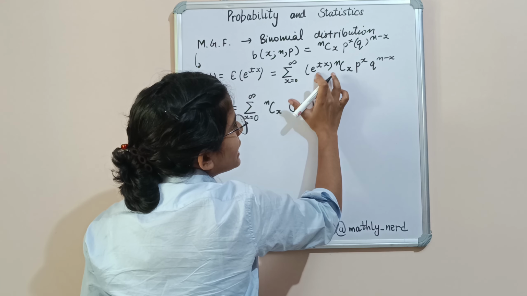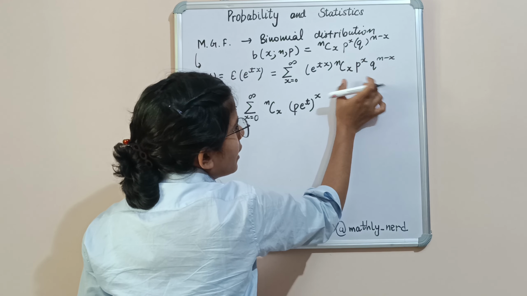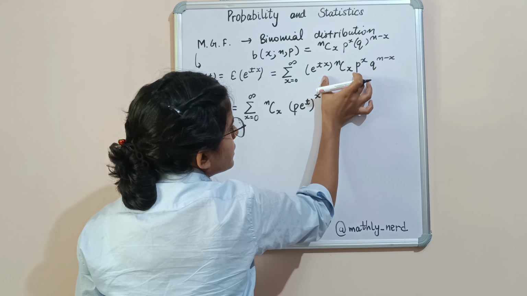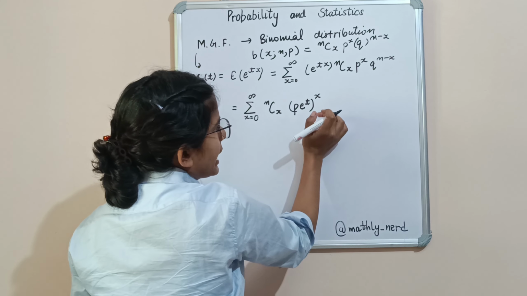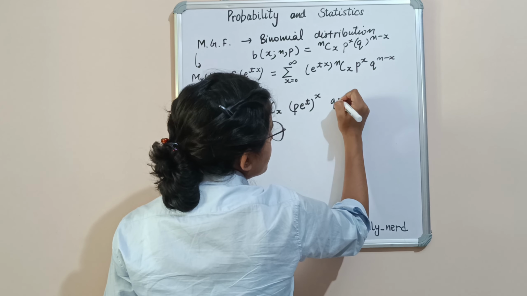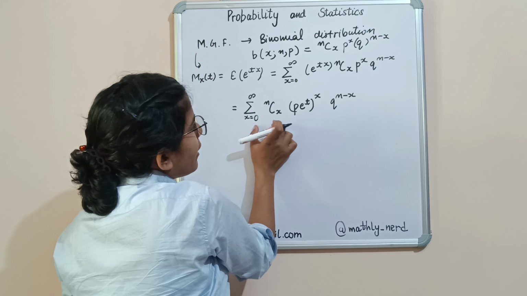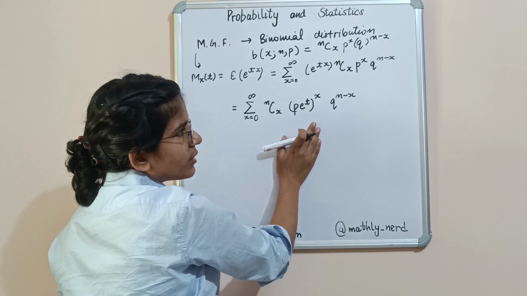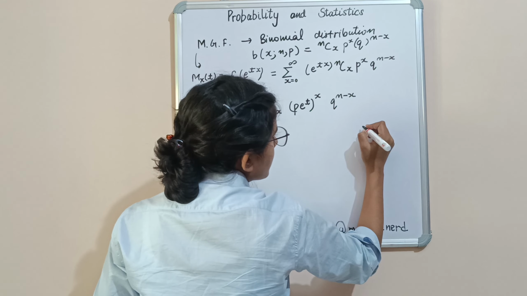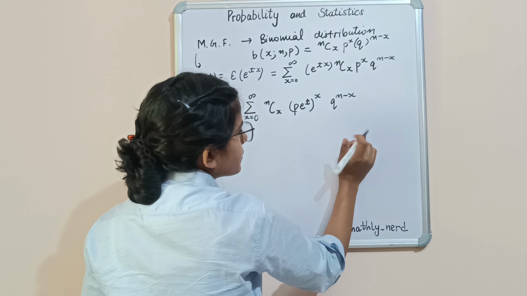As we know, e^t raised to power x and p raised to power x, we can take these in one and write this whole raised to power x, and q raised to power n minus x. If you see this formula, it looks like an expansion of a binomial.